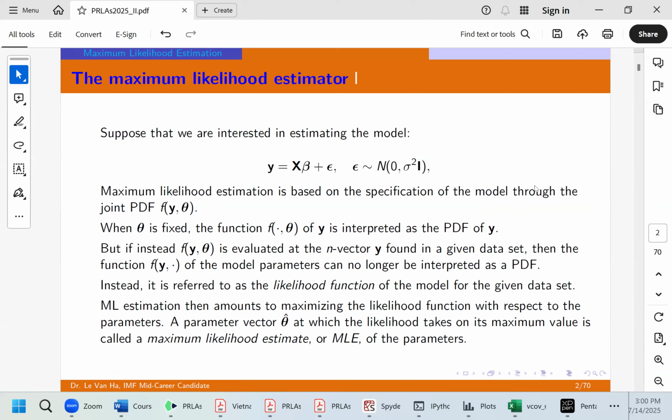Now, if instead we view the function f_Y(theta) evaluated at the n-vector Y, then the function f_Y(.; theta) of the model parameters can no longer be interpreted as the PDF, but it is the likelihood. So the likelihood function is the question.